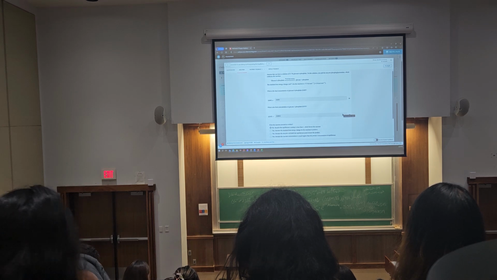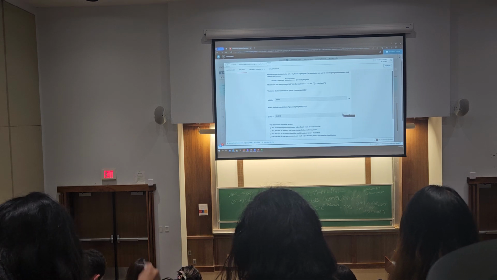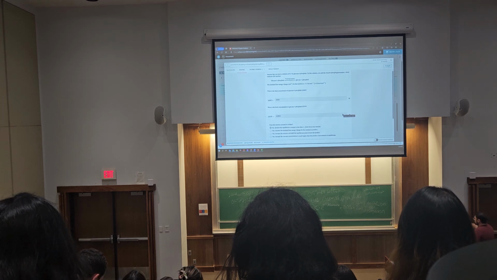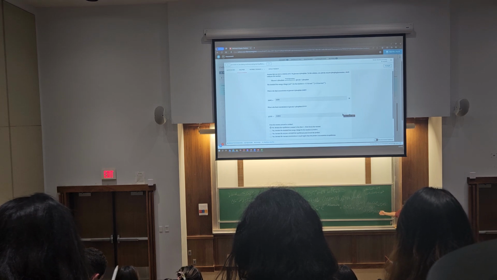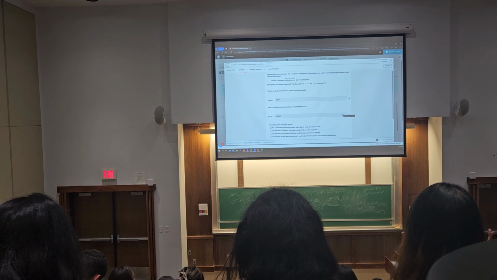Why is it 0.0045? Because this 0.095 is rounded. So if you round to 0.0045, it's still 0.005. But that 0.095, for the sake of this, is rounded.